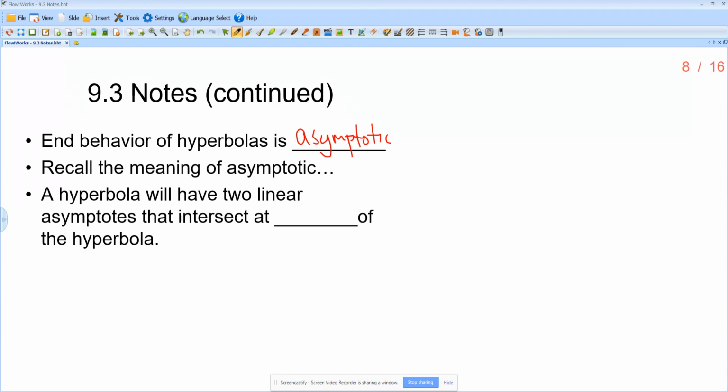It's never going to cross over them. So a hyperbola will have two linear asymptotes that intersect at the center of the hyperbola. So the center, not the vertex, the center of the hyperbola is where my two linear asymptotes are going to intersect.